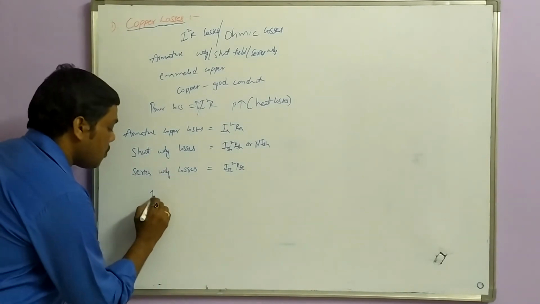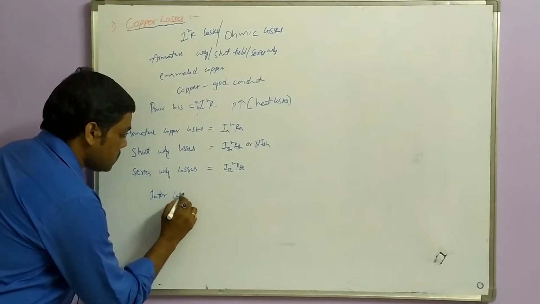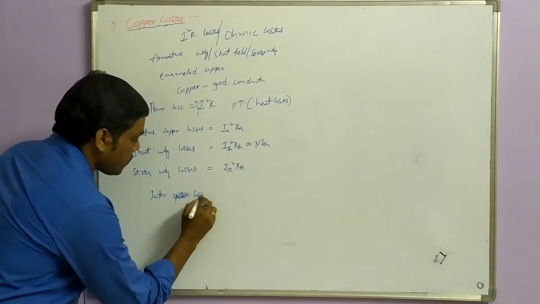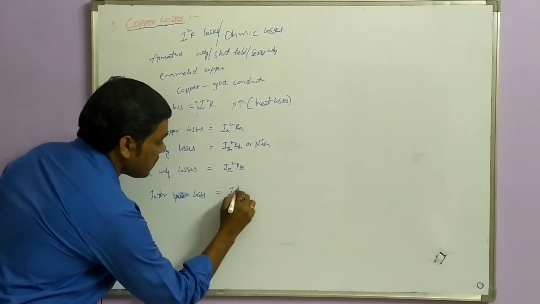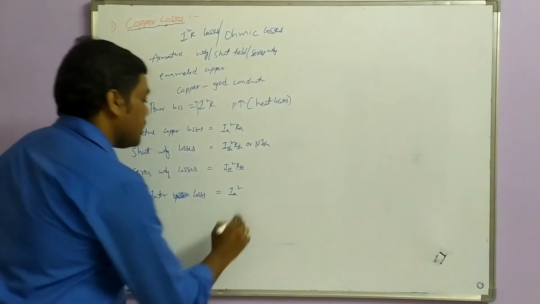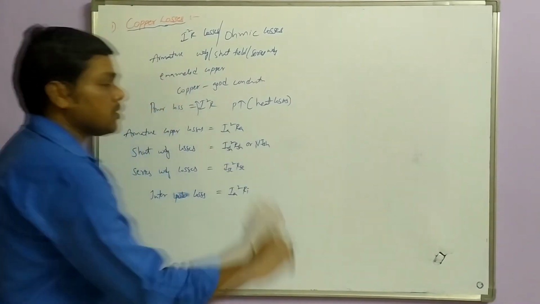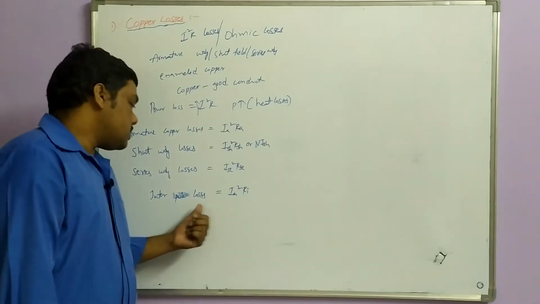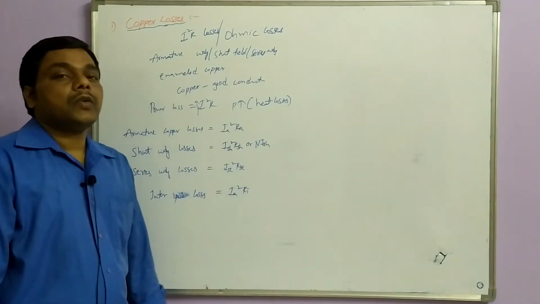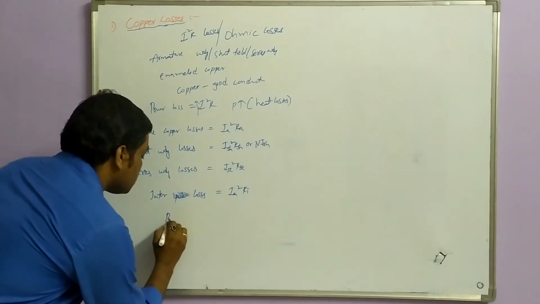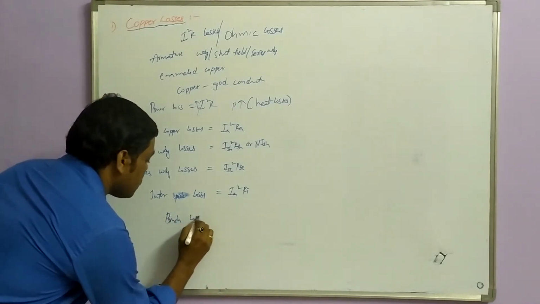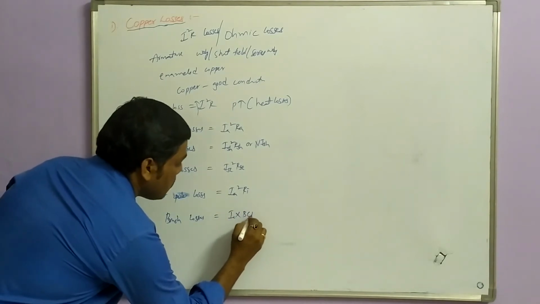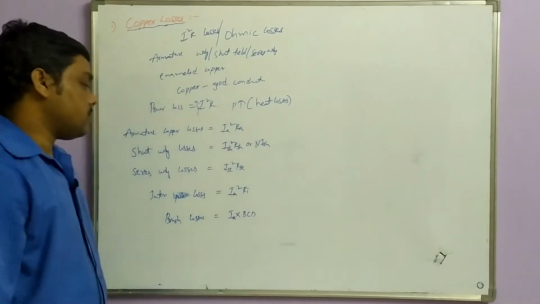Similarly, interpole losses are there. Interpole loss you can also take as Ia square into R, considering the interpole resistance. And brush loss you can consider as Ia into the brush contact drop.